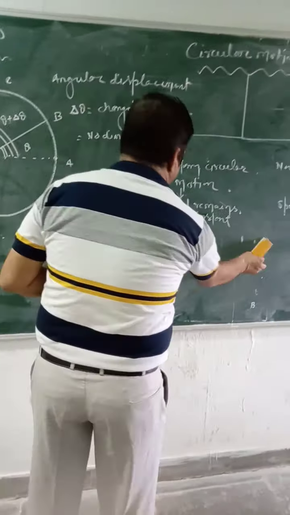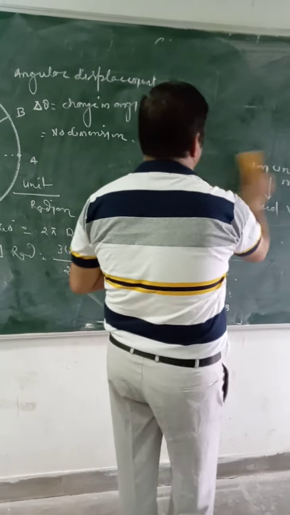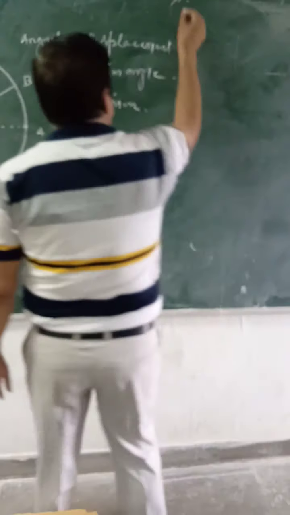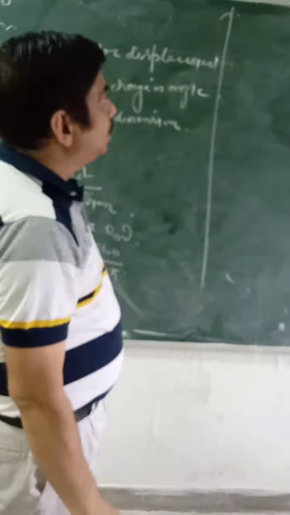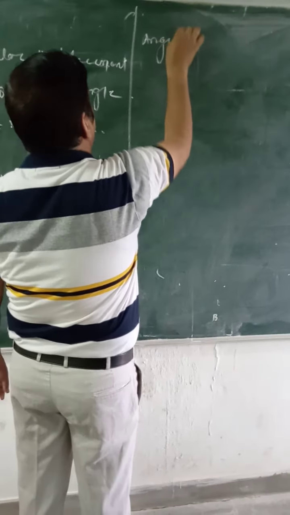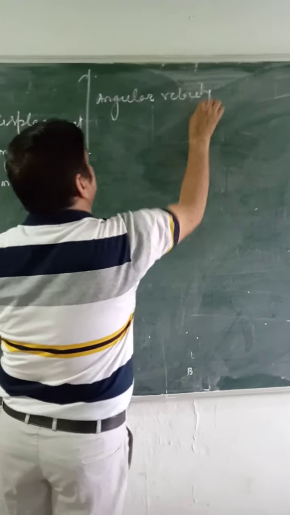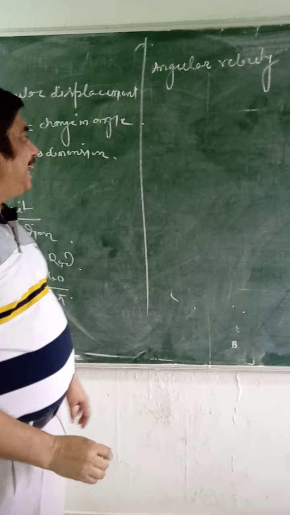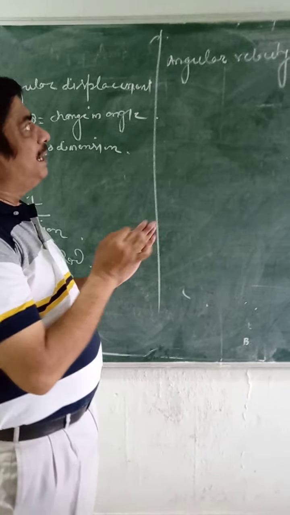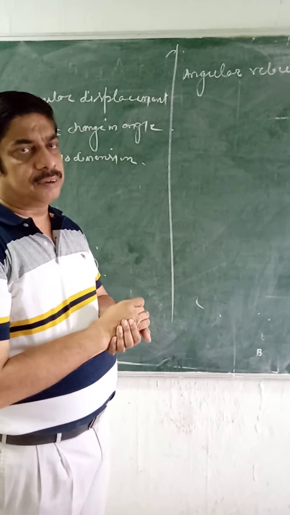Now, let us discuss the change in angle with respect to time. This is called angular velocity. How can angular velocity be defined? It is the rate of change of angle with respect to time.